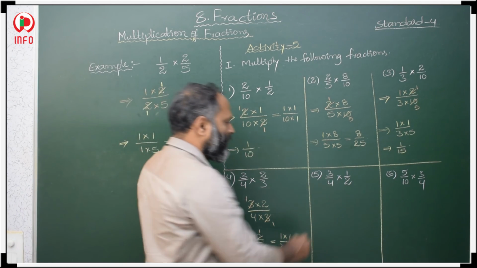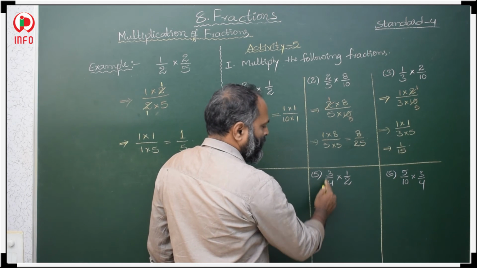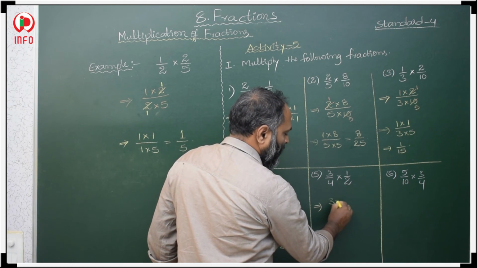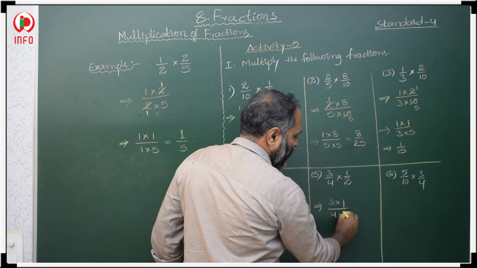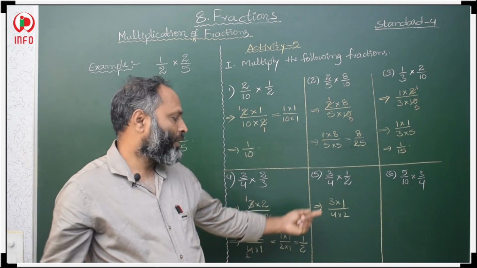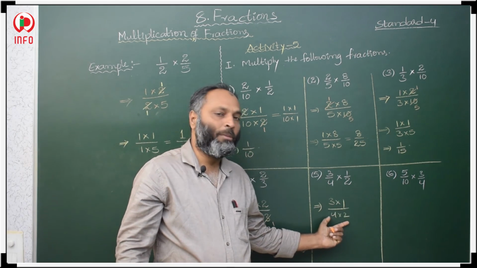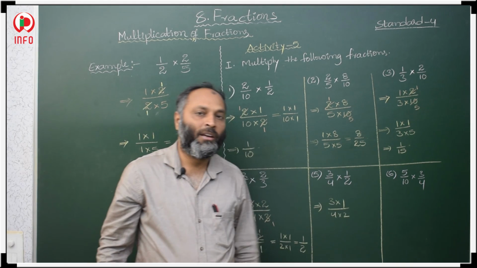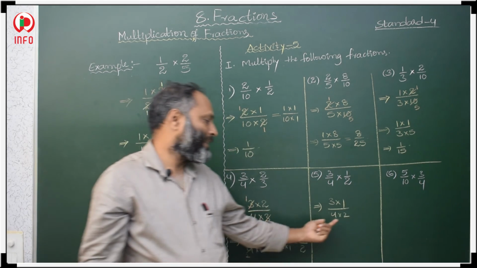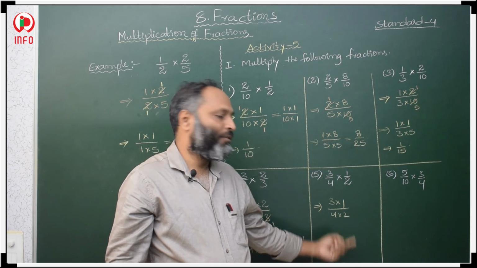Now here the same. Numerator with numerator, 3 into 1, by denominator with denominator, 4 into 2. We check the numerator 3 and 1, and the denominator 4 and 2. We do not have any common factor between numerator and denominator. Do not cancel within the denominators, 4 and 2, even though they have a common factor 2.